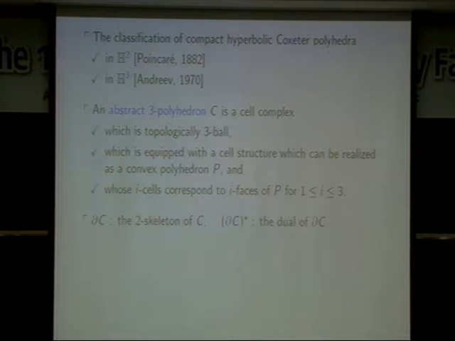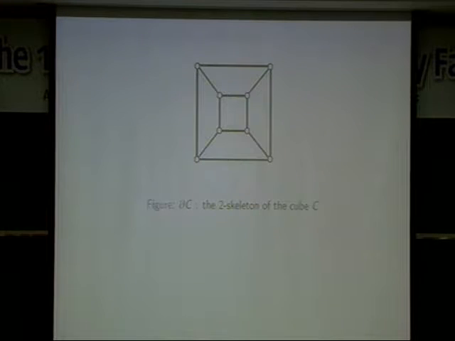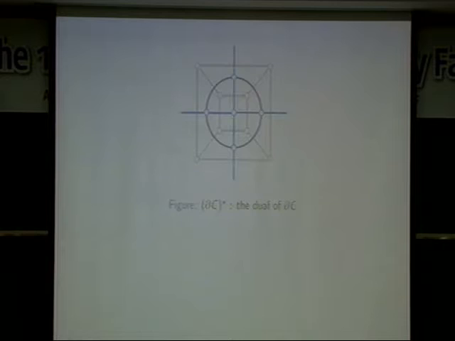And the boundary of C is the 2-skeleton of C, and the star means dual. Okay? So this example is the 2-skeleton of the cube, and this is its dual.